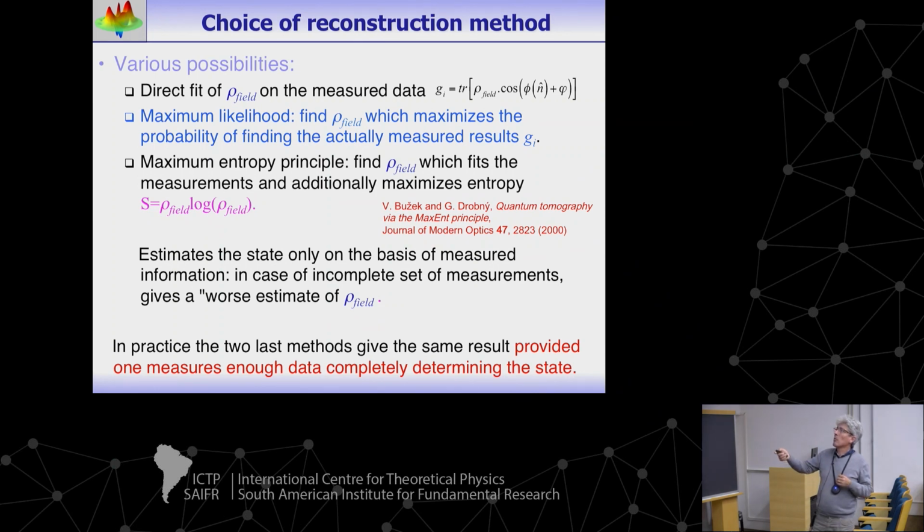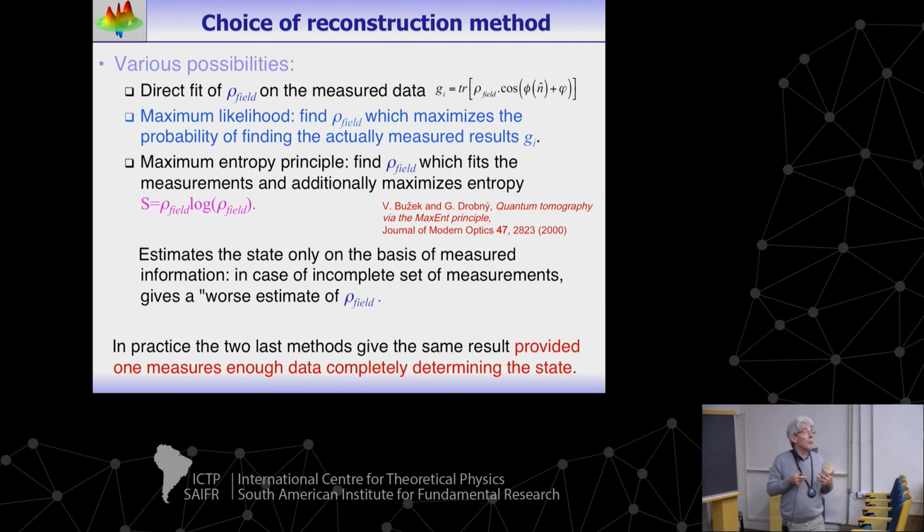And the interest of the second method, maximum entropy principle, is that it provides you a density operator even if your set of measurements is not complete. If you haven't measured enough operators to get all the density operator matrix elements, then you can still get an estimation of the field operator, and maximum entropy chooses, among all density operators which are compatible with the result, the one which maximizes the entropy.